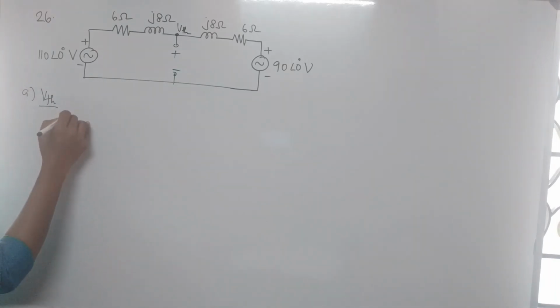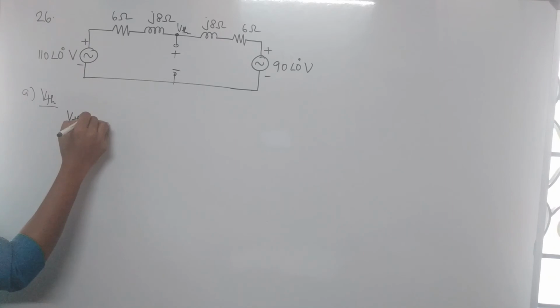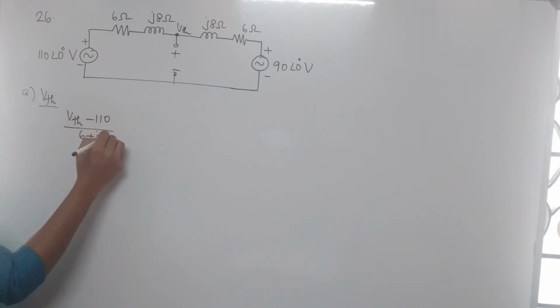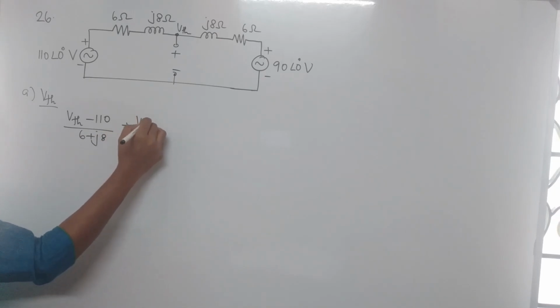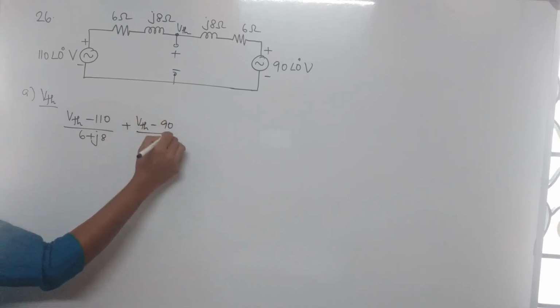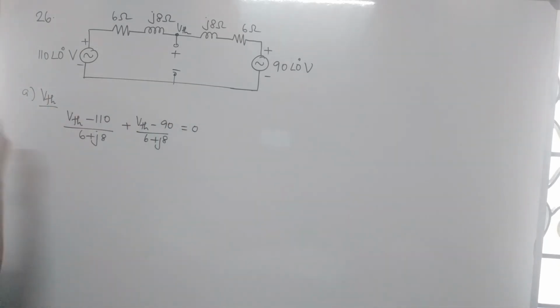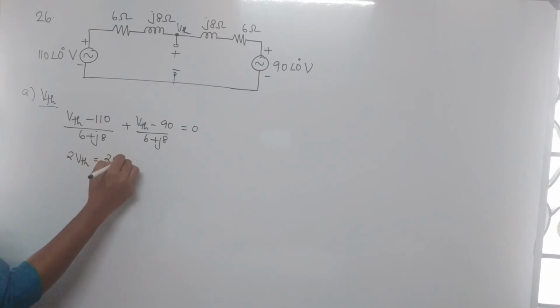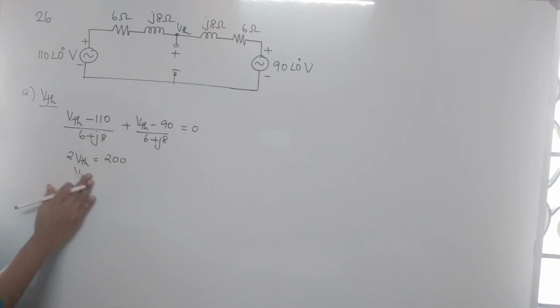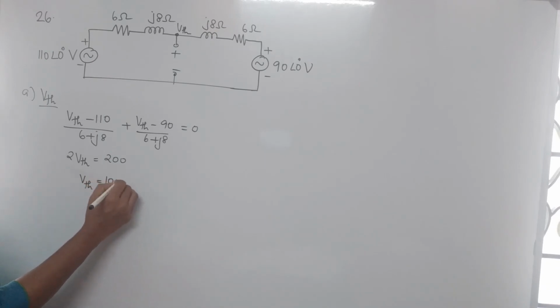So just two branches. The equation will be (VTH minus 110) by (6 plus J8) plus (VTH minus 90) by (6 plus J8) equal to 0, or 2 VTH equal to 200, or VTH equal to 100 volt.